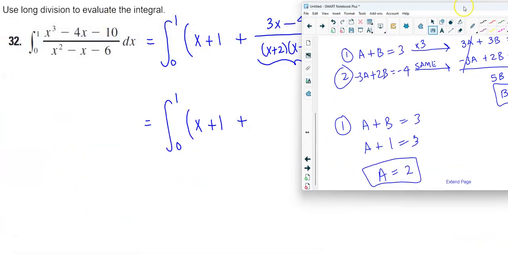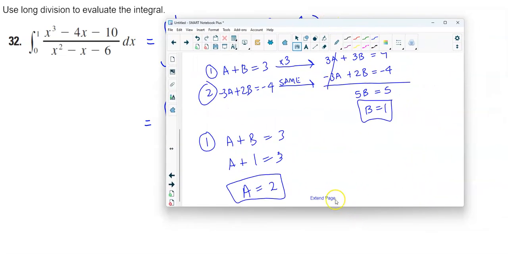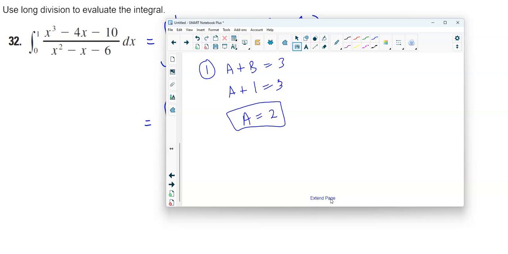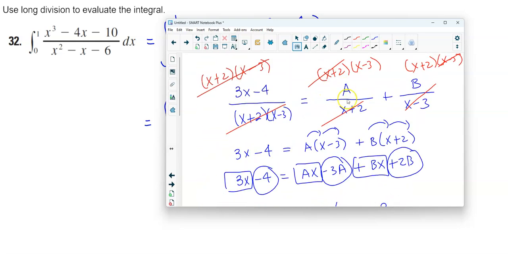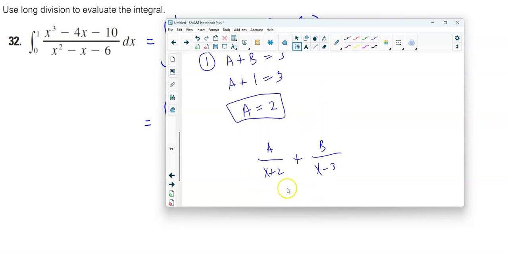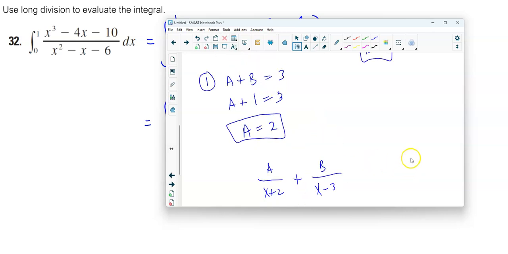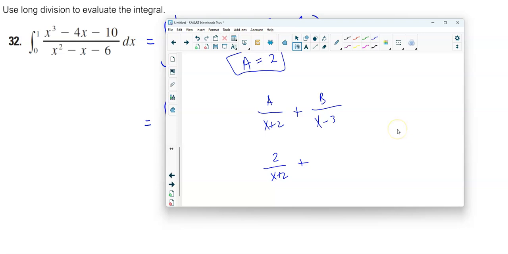So what does that mean? Well, that means the following. That means now we know that a up here is equal to what? So we have a over x plus 2 plus b over x minus 3, which then means that we would have 2 over x plus 2, and we know that b is 1, which is 1 over x minus 3.